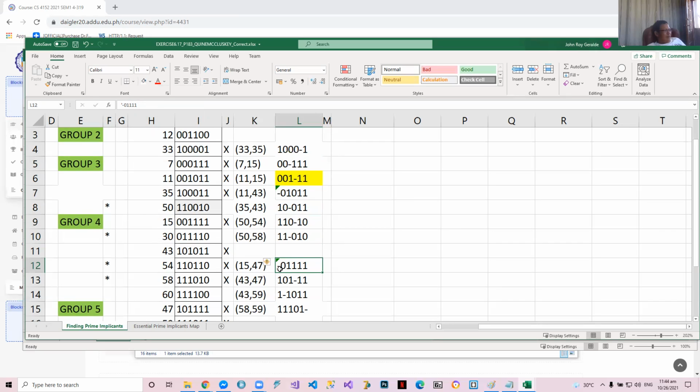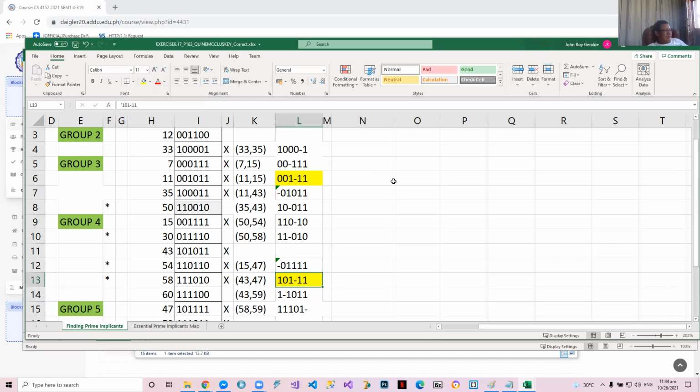So how about this? They differ in the first, in the fourth, and in the second. Second? They are the same in the second and the third. In the fourth they differ, and in the fifth they differ. So it cannot be. Okay, how about this? These can be merged, right? Let's yellow this.